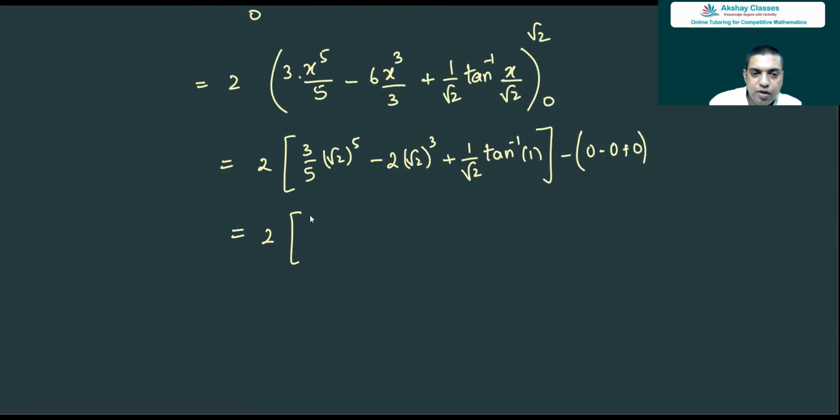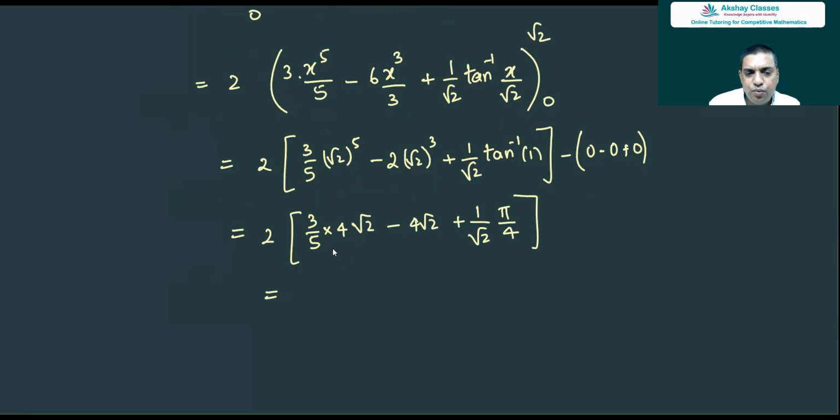So you get 2 into 3 by 5 into 4 root 2 minus 2 into 2 root 2, that is 4 root 2, plus 1 by root 2 times pi by 4.